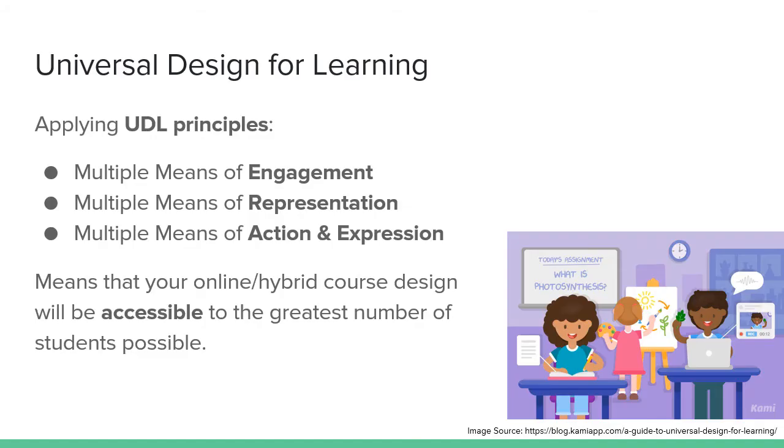I'm making an assumption that you are already familiar with universal design for learning. And so think about the way that those basic UDL principles could inform your online and hybrid course design choices. So for example, multiple means of engagement.